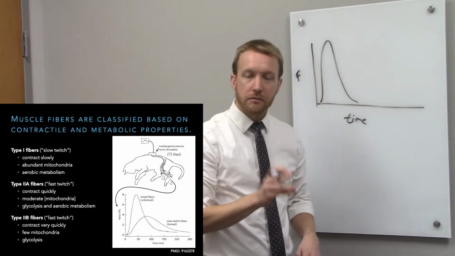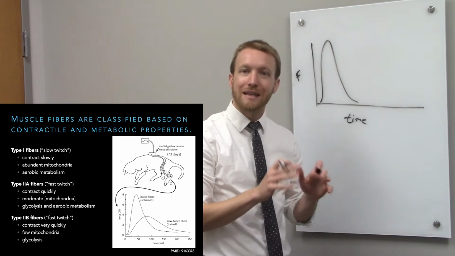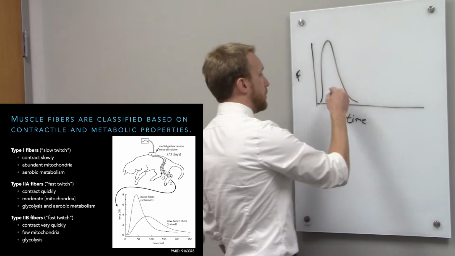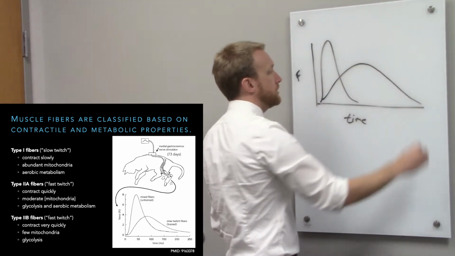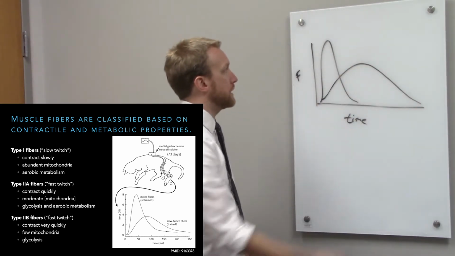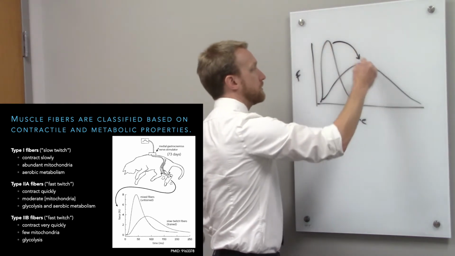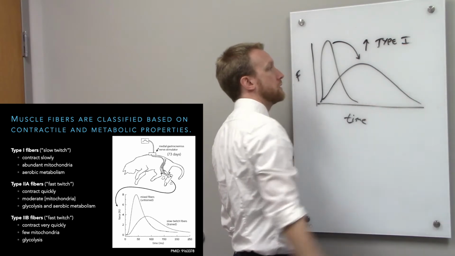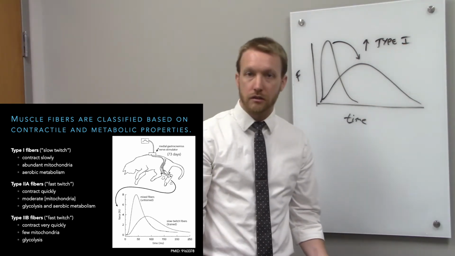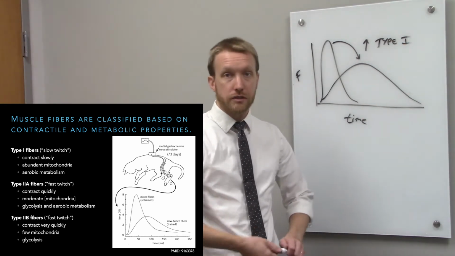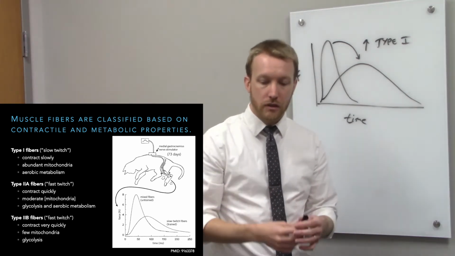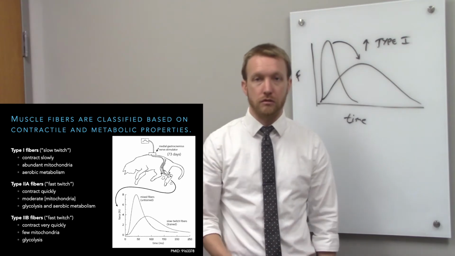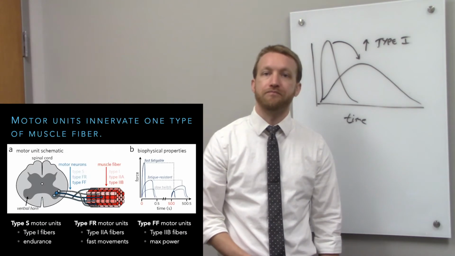With that low level of stimulation, where we're really only getting the smaller, weaker type 1 fibers, over time what they saw was the force generation curve looked a whole lot different. With their low level of stimulation, they saw an increase in type 1 fibers, because those are the muscles that were being used more than the others, so use it or lose it. So the makeup of muscles can change over time with use or disuse, I suppose.